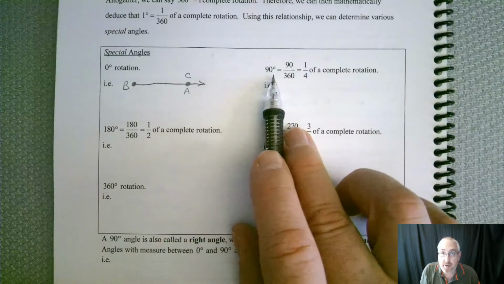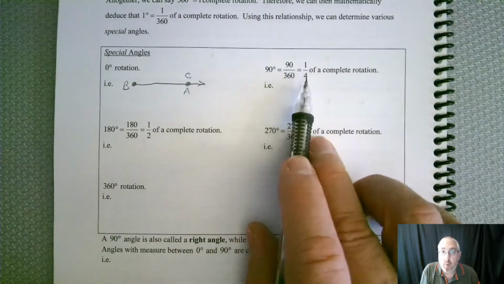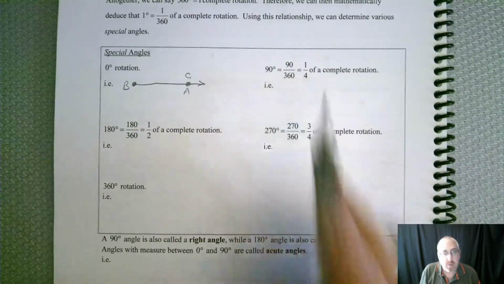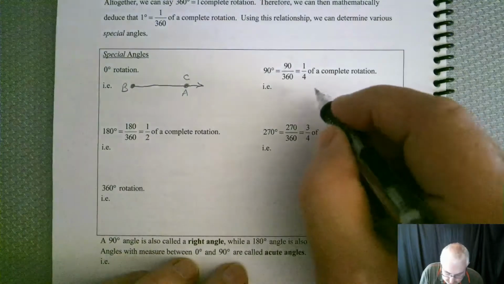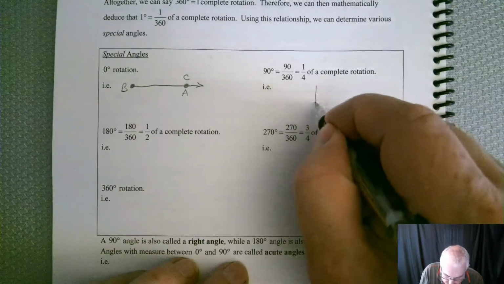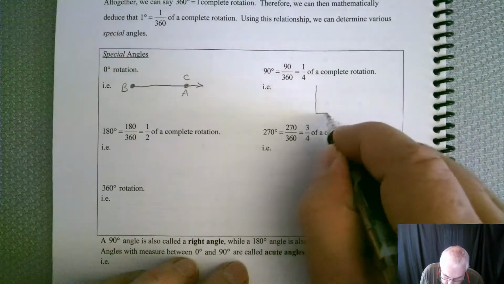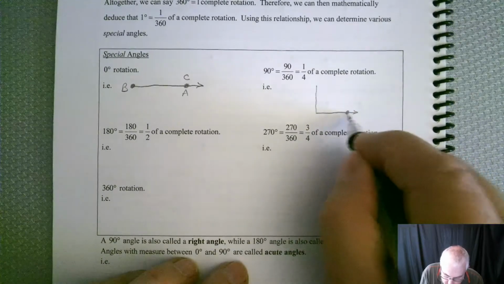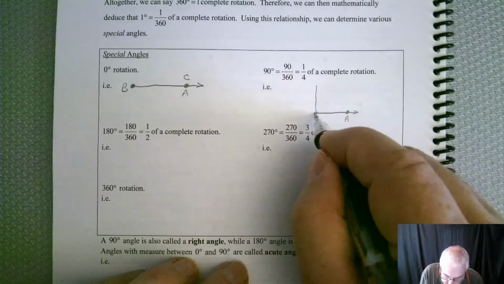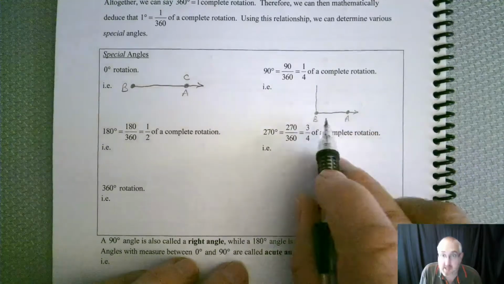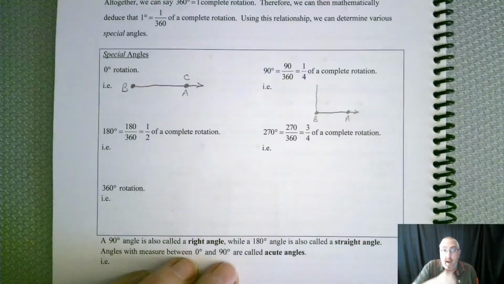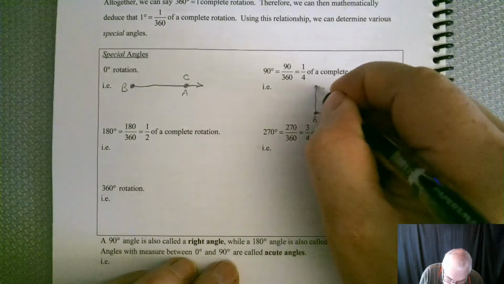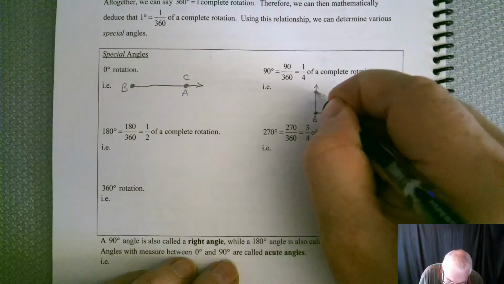And 90 degrees is going to be 1/4 of a complete rotation. That's going to look a little bit more familiar to you. So if we have our ray BA going straight across, and then we rotate BC straight up, that's going to end up looking something like this.